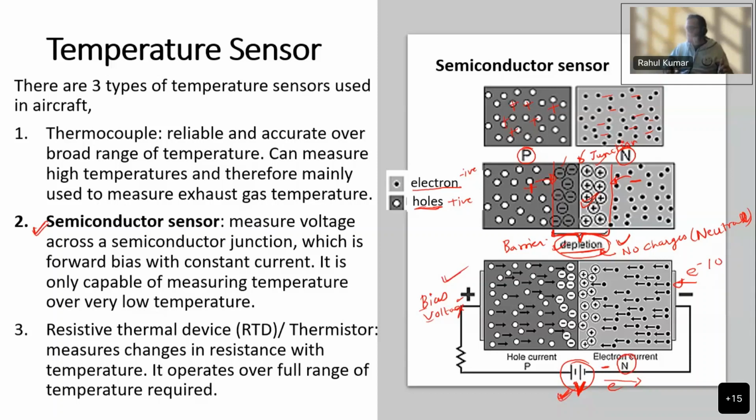If the barrier breaks, the electrons will be able to flow into the P region, and as a result your circuit will be complete and some amount of current will start flowing. That current we measure to calculate the temperature.